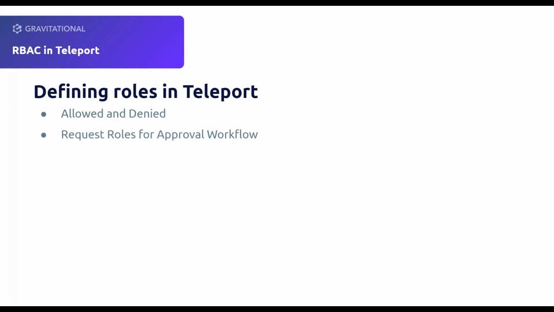The next is, and I mentioned it before, it's great to give me access to dev and testing, but what about a production outage? What about if I need to troubleshoot these various environments? Then I don't want to give you that access, even view-only access by default, but we allow you to request those roles.